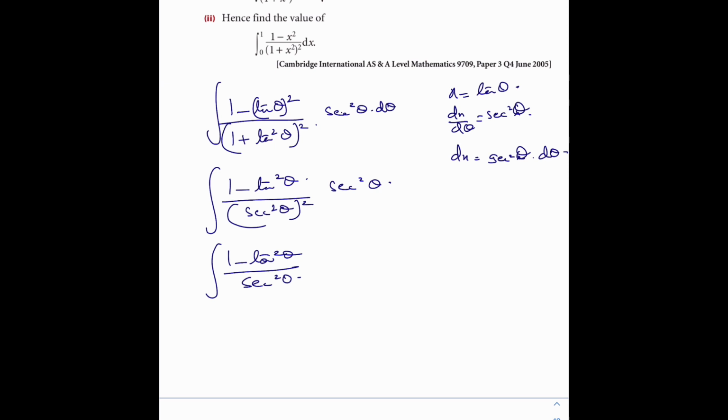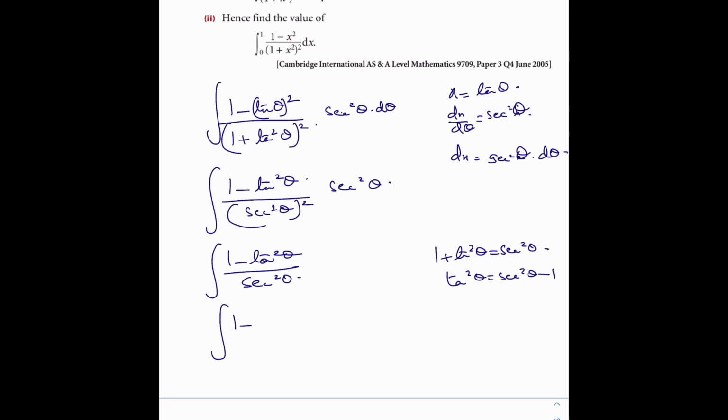And we know the identity 1 plus tan square theta equals sec square theta. So in place of tan square theta, we can write sec square theta minus 1.